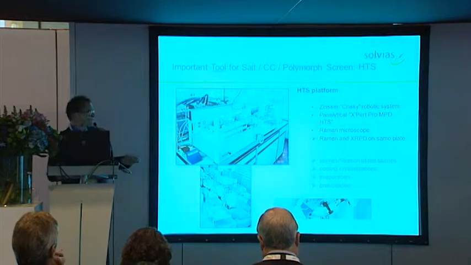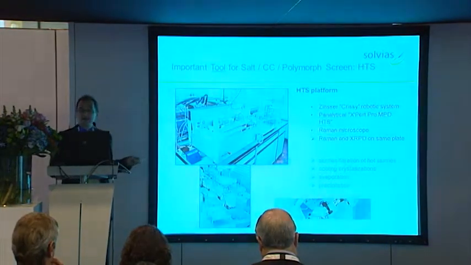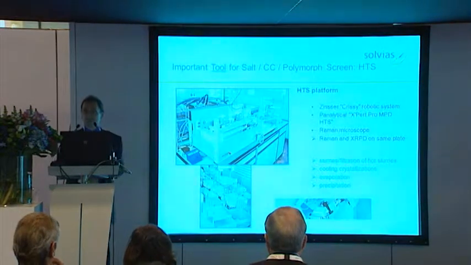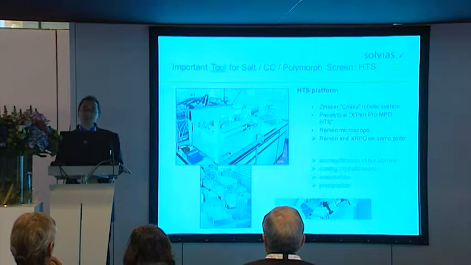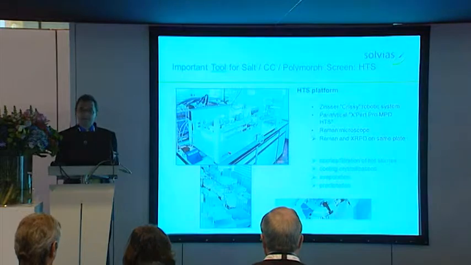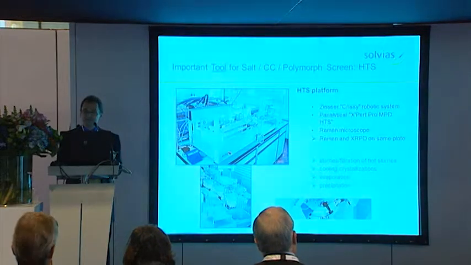So on that high-throughput screening, we can then analyze the solids which are formed on such 96-well plates. We can analyze them both with powder X-ray and Raman, which gives us optimum specificity and sensitivity.